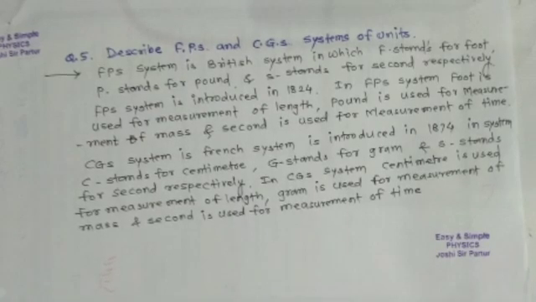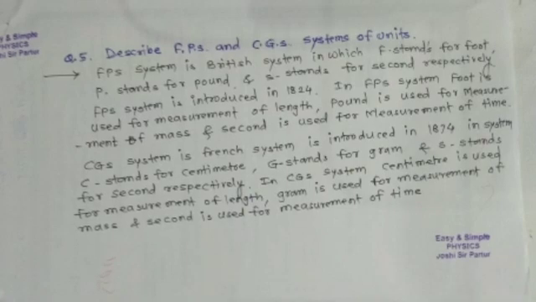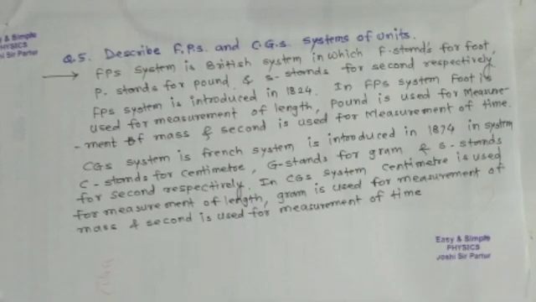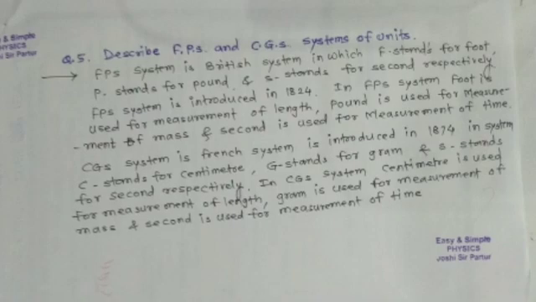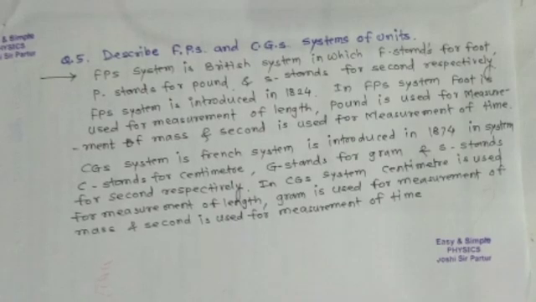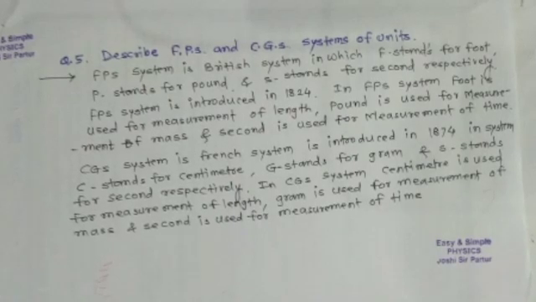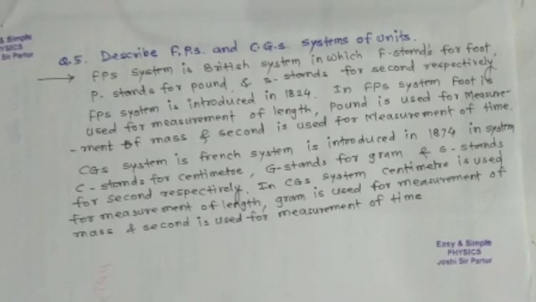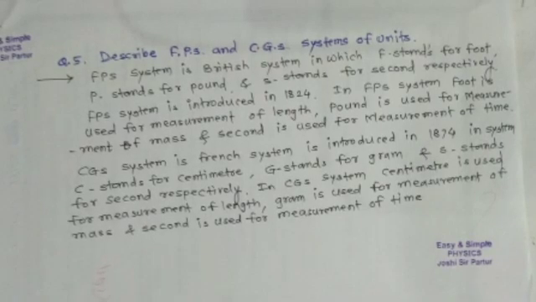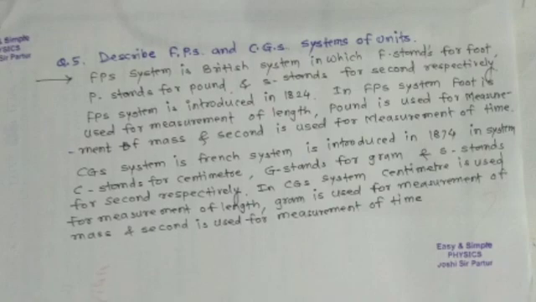FPS system was introduced in 1824. In FPS system, foot is used for measurement of length, pound is used for measurement of mass, and second is used for measurement of time.